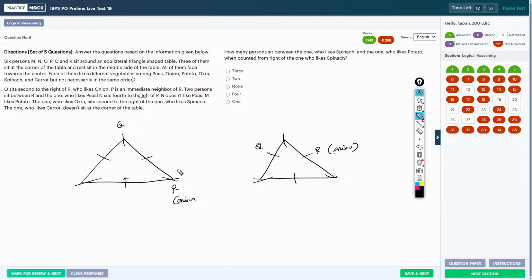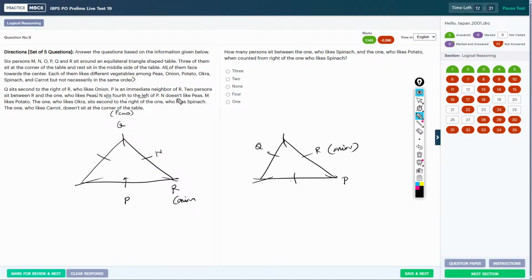Q sits second to the right of R. Everyone is facing towards the center. Q sits second to the right of R. Who likes onion? P is the immediate neighbor of R. Suppose P is here to the left. Okay, 2 sit between R and the one who likes peas. 1, 2. Definitely this person will like peas in this case. N sits to the left of P. 1, 2, 3.